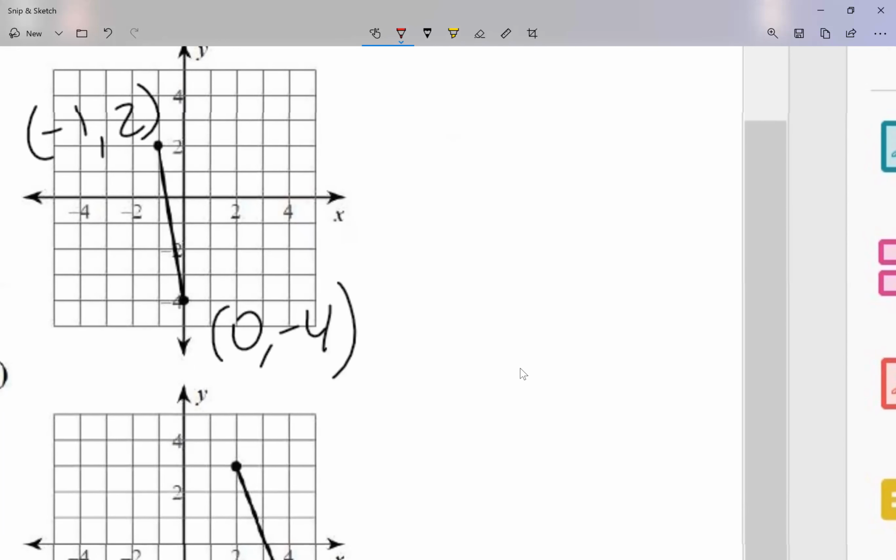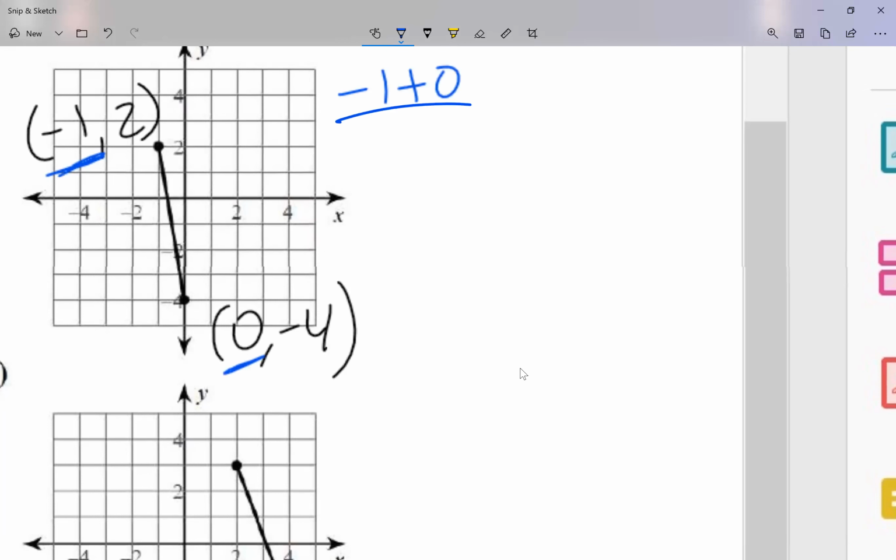And I want to find first my x value. So I see -1 and 0. So I'm thinking, all right, what's the number between -1 and 0? Let me add my numbers. -1 plus 0 divided by 2. That gives me -0.5.